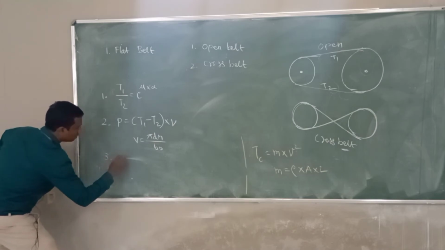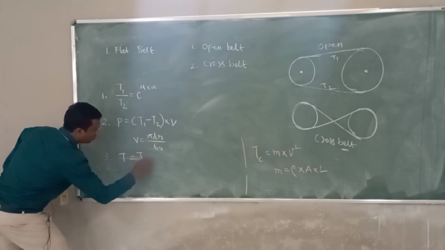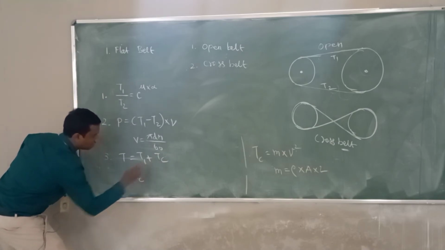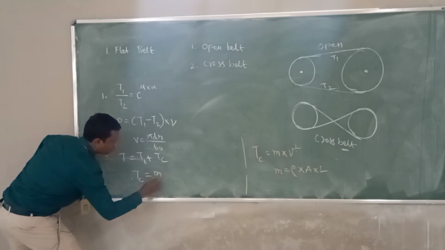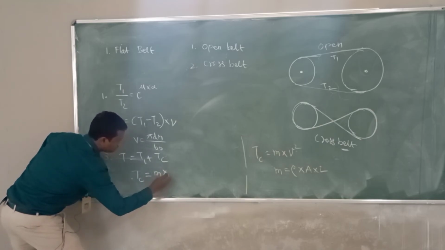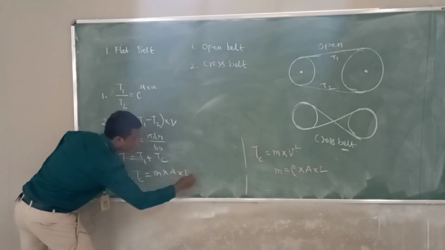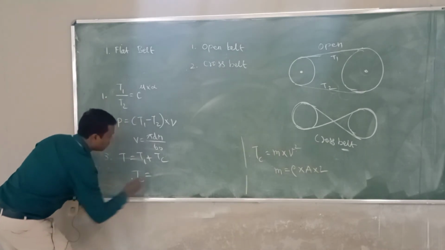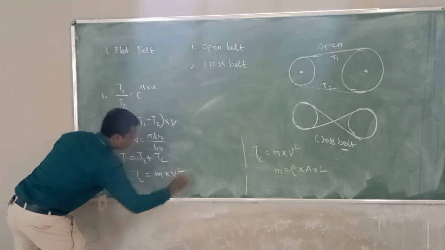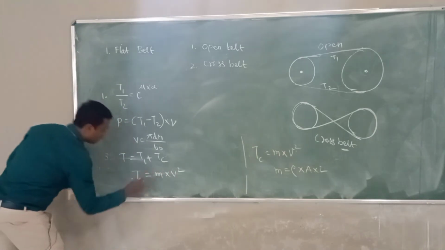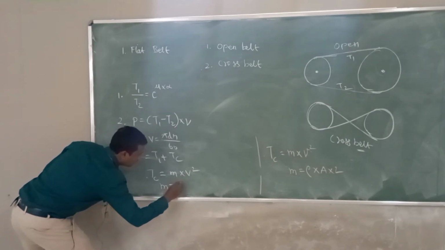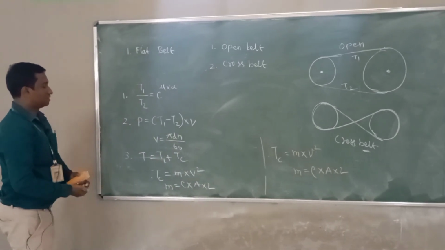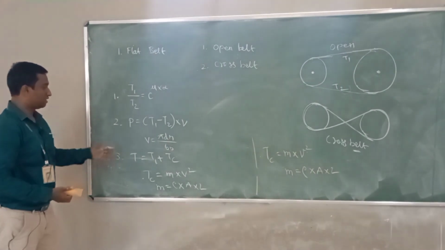Then T maximum is equal to T1 plus Tc. The same thing we followed here. Find out the centrifugal tension, that is Tc is equal to m v square, where m we find with the help of density, area and length. So the same formula is carried out in the flat belt also.